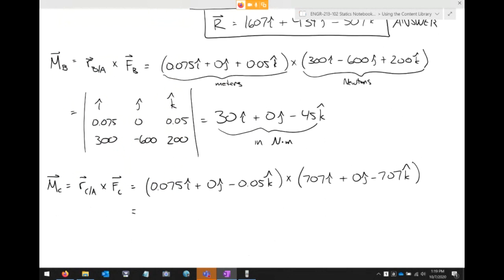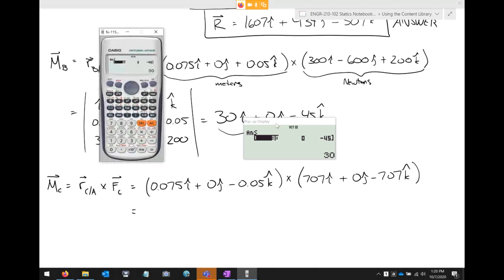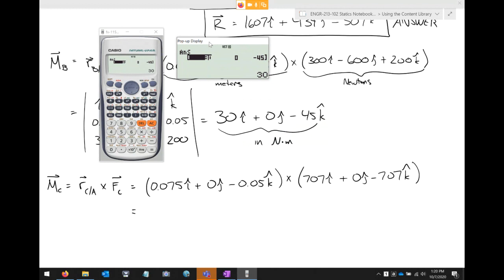But somebody tell me what the cross product is for these vectors. I'll give everybody a sec on this, but I want to make sure that we're clear on this.